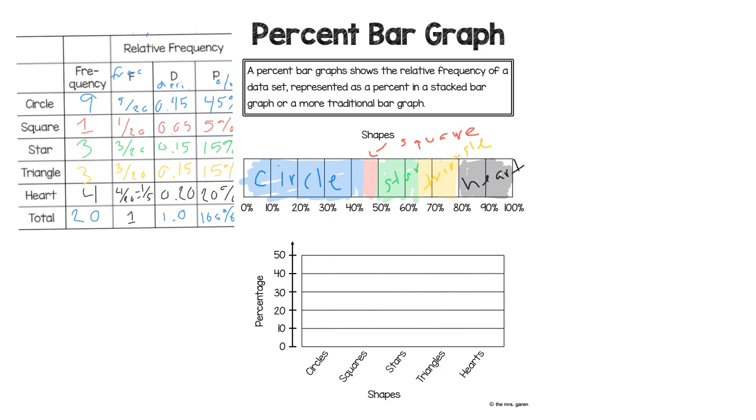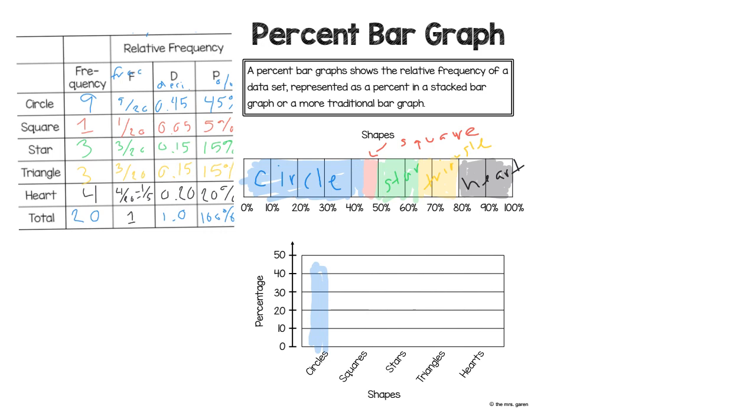Okay. Now there is a second way that you can represent this, and you can represent it just as a regular bar graph, like what you guys have done in the past. So if you do it that way, you would do the same thing we just did, except you would make it into a bar graph. So our circle would go to 45. We'd color it in.